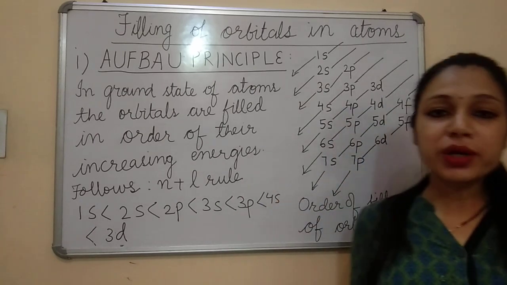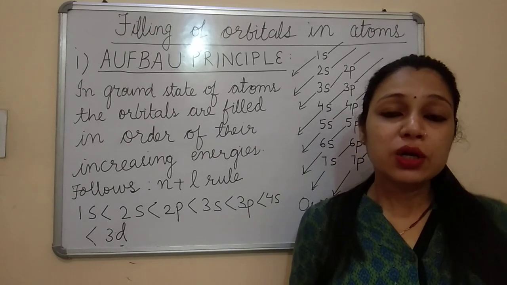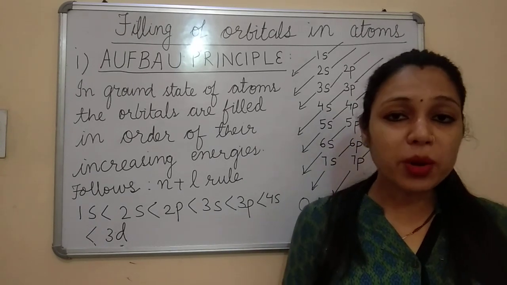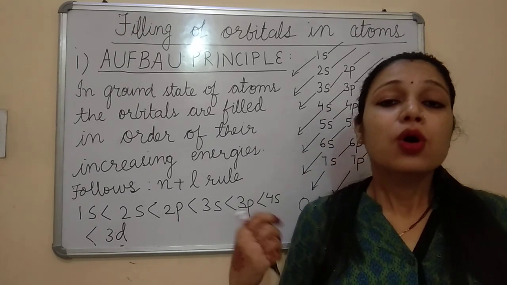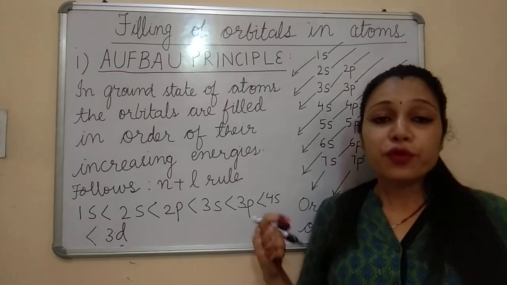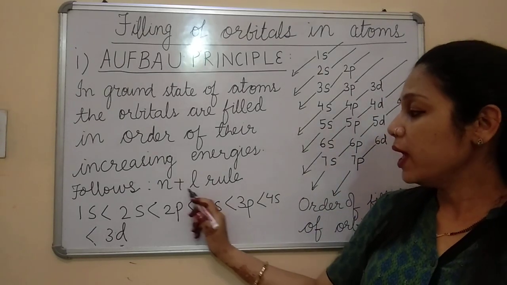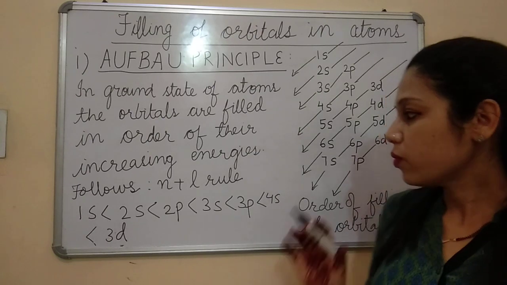Now, one question came to our mind: how are we going to know which orbital is having more energy? To know the energy of an orbital, we follow the n plus l rule.